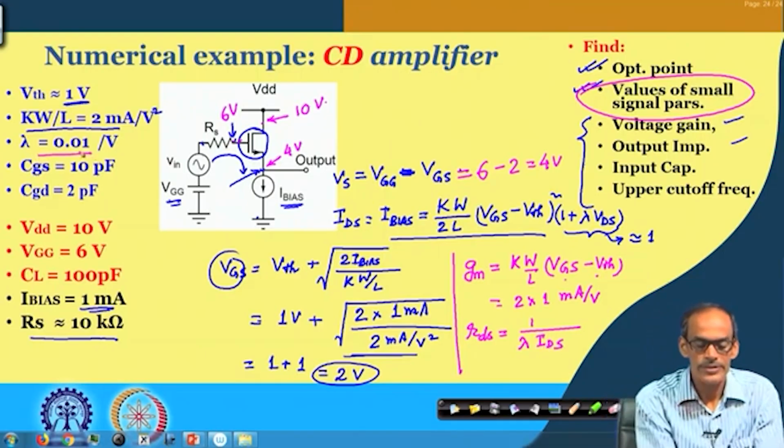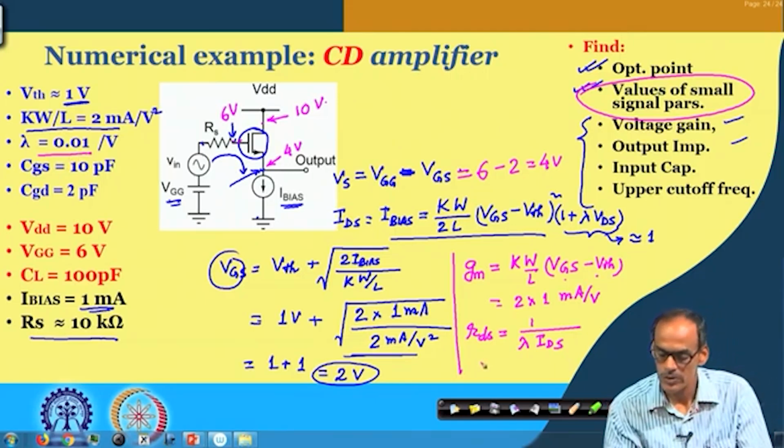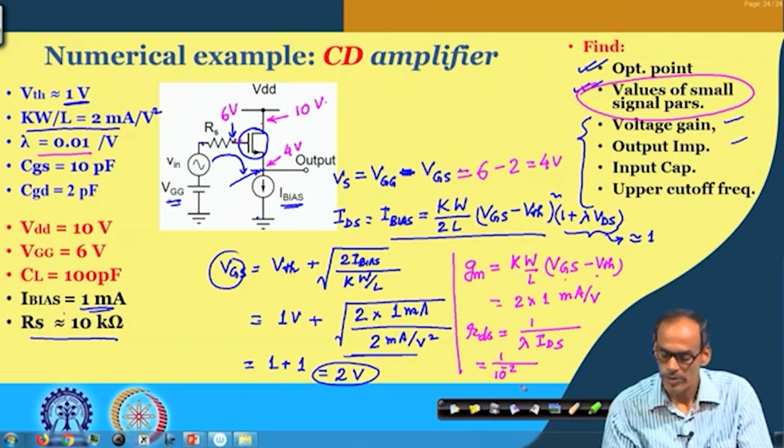Now, lambda is given here as 0.01. So that is 1 divided by 0.01, which is 10 power minus 2, and then IDS is 1 milliampere, which is 10 power minus 3.